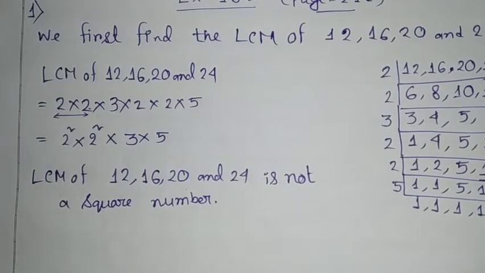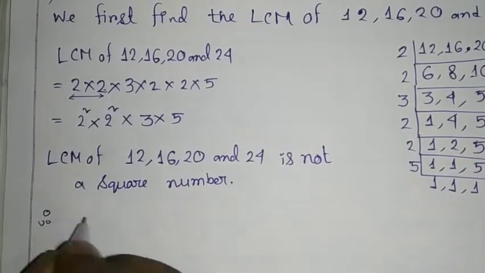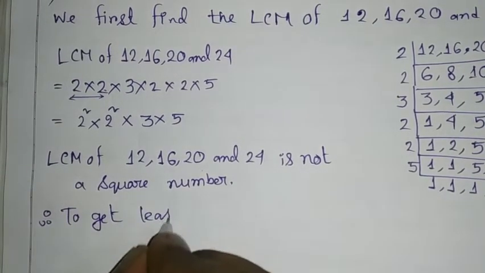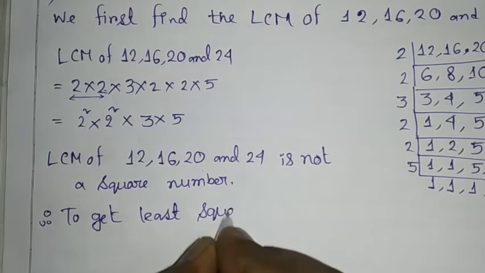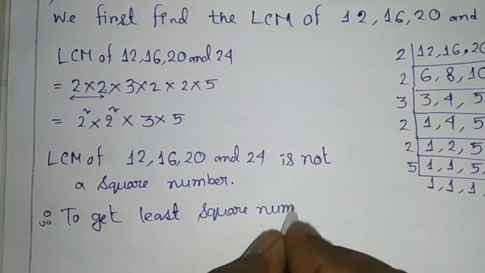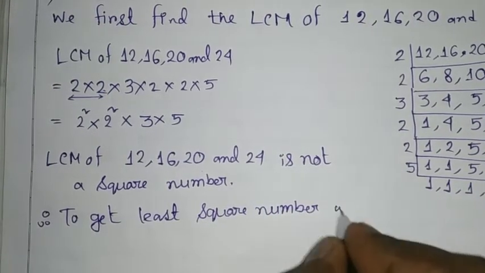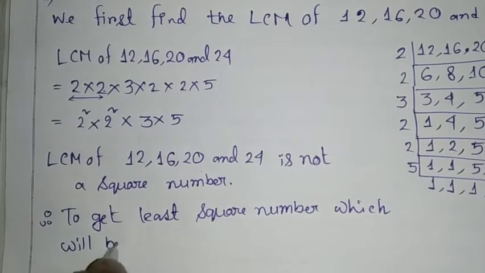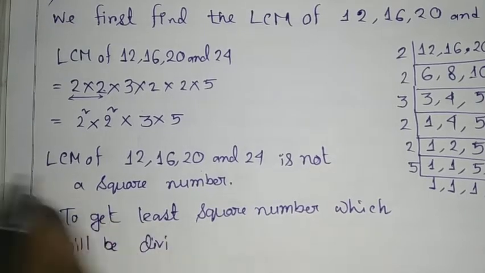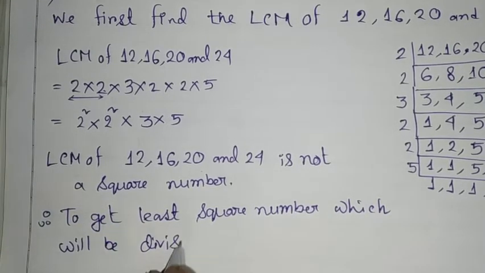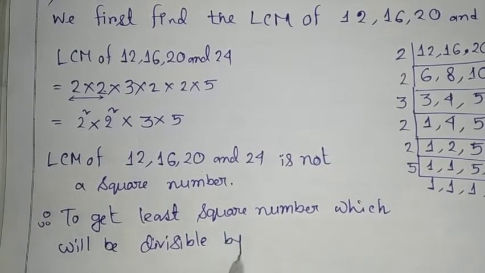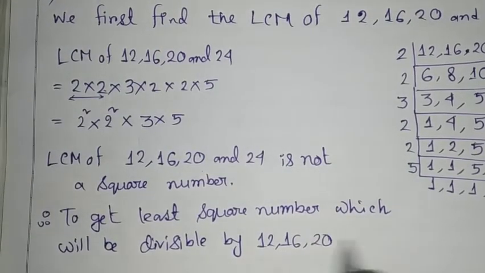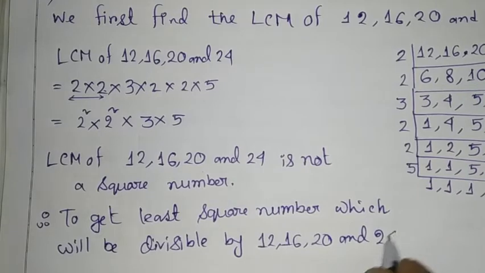Right? So therefore, to get the least square number which will be divisible by, I'm using the book's language, by which ones? These numbers, that is 12, 16, 20 and 24.